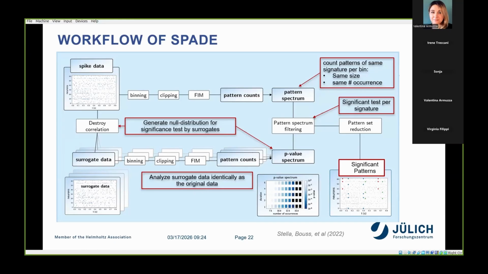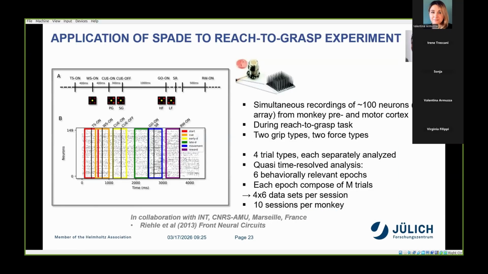Now we applied this method to experimental data, also from a monkey doing a task, where we now also have motor cortex recordings. He first gets a signal; he initiates the trial himself.